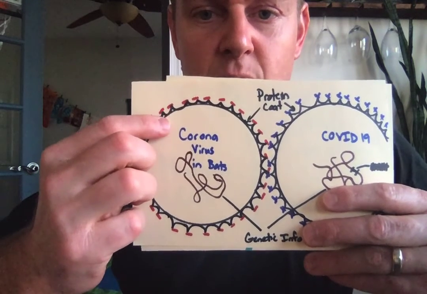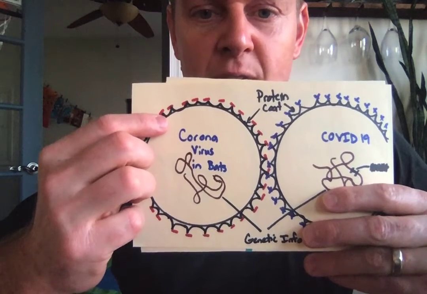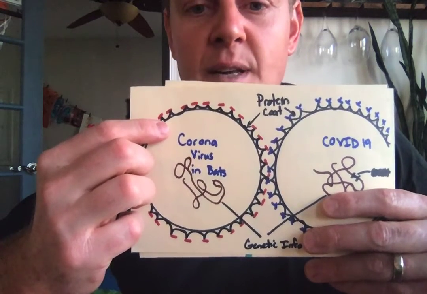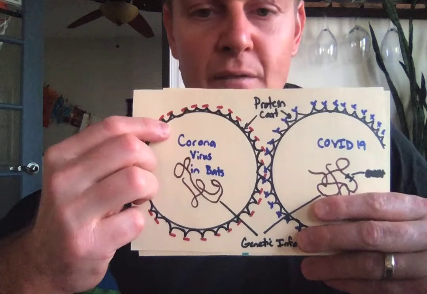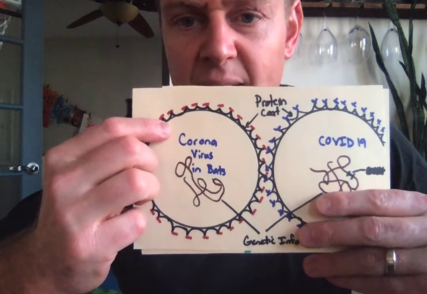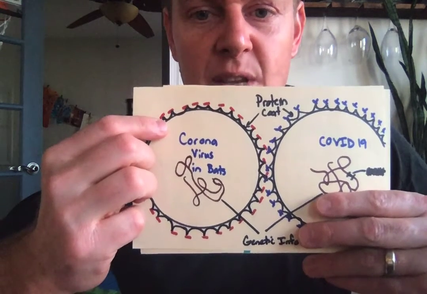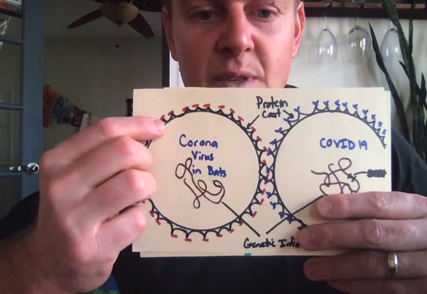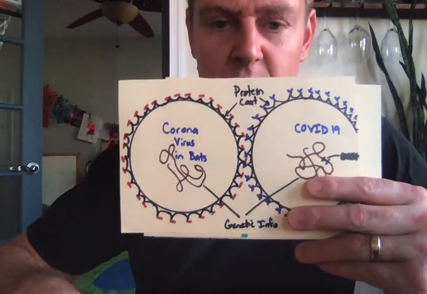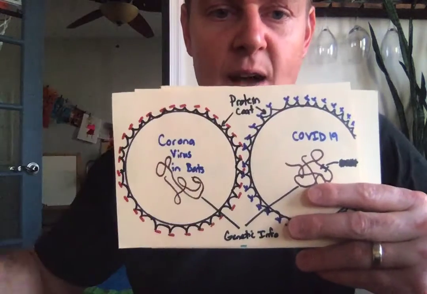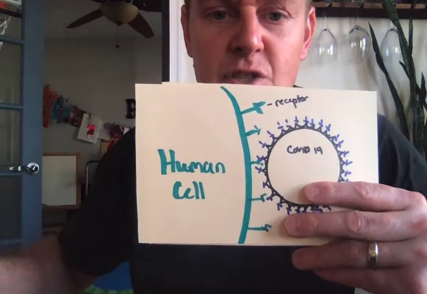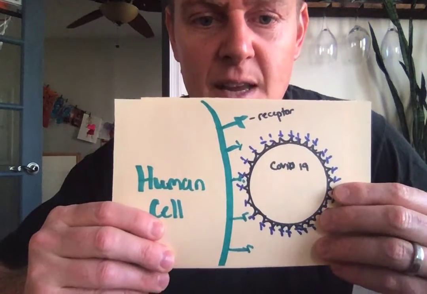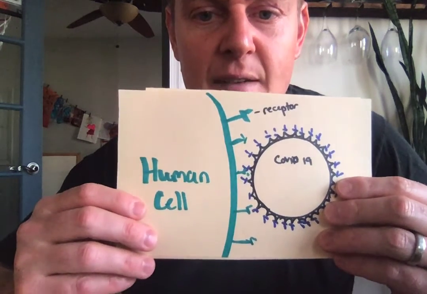So this coronavirus over here, the original one that we find maybe in bats or in pangolins or in other examples of animals, it is not able to infect humans because this little structure over here can't stick to human cells. But now all of a sudden we made a mutation. Now all of a sudden the code is changed, and just by chance this thing was able to now stick and survive in human cells.